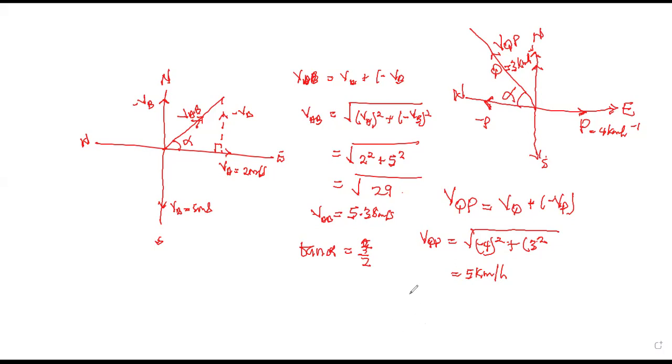Alpha. When we take the tangent of alpha, this is 3 on 4, and 3 on 4 is equal to 0.75.